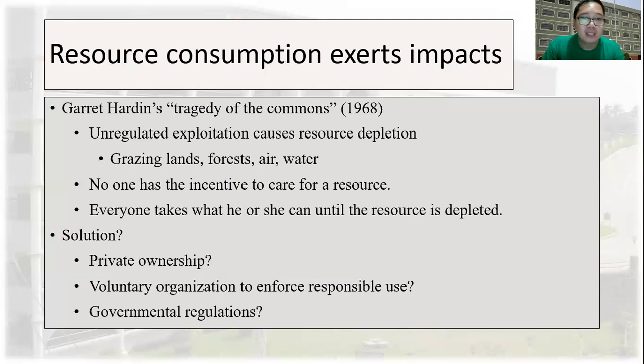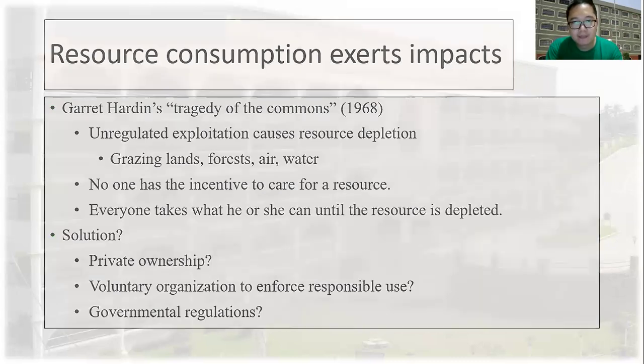Everyone takes what he or she can until the resource is depleted. So that's not good for our environment. So what's our solution? Maybe it can be private ownership, voluntary organizations to enforce responsible use, or implementation of governmental regulations with regards to our environment.